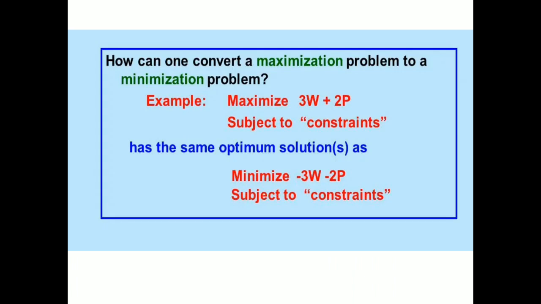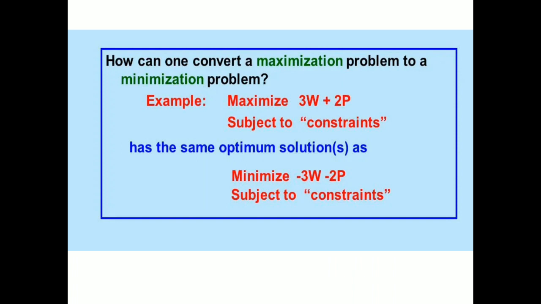I have shown here, if the problem is, maximize 3w plus 2p, with certain constraints, then you can convert it into a minimization problem just by using a negative sign. This maximization problem has the same optimum solution as minimize minus 3w minus 2p subject to the same set of constraints. So this is the first transformation we can do when the problem is a maximization problem.